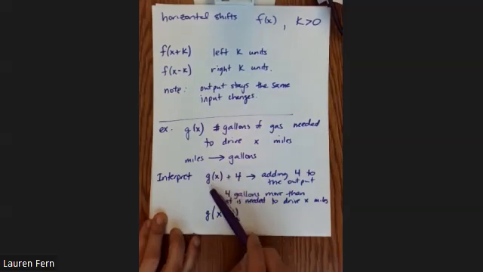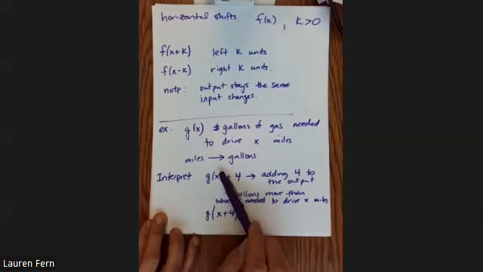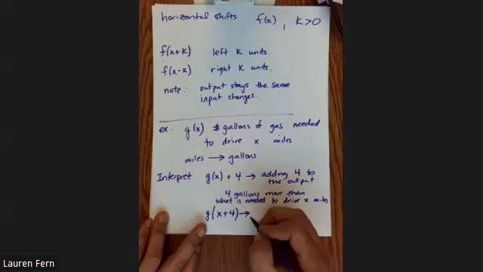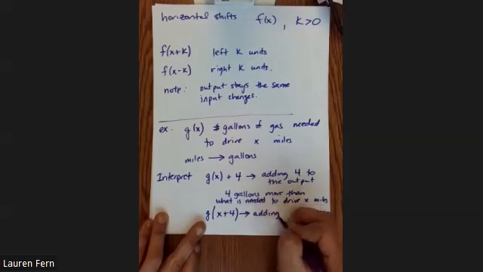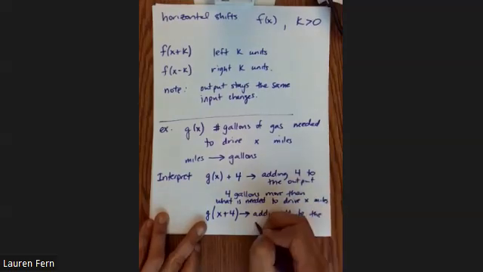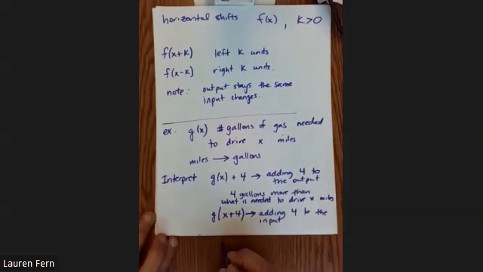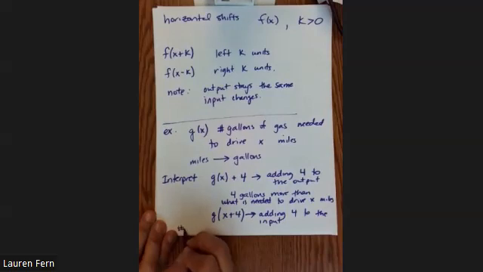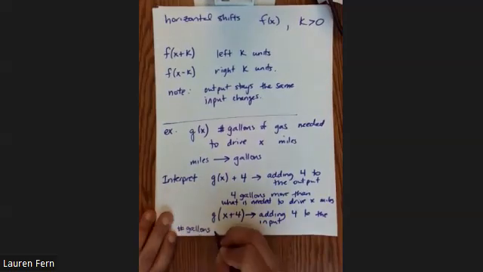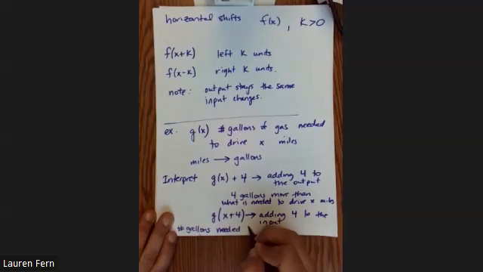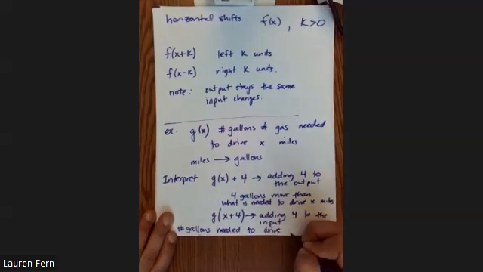So if this is the number of gallons needed to drive x miles, well, it's that many gallons plus another 4. In this second circumstance, we're adding 4 to the input. So the way I would interpret this one is it's the number of gallons needed to drive x plus 4 miles.